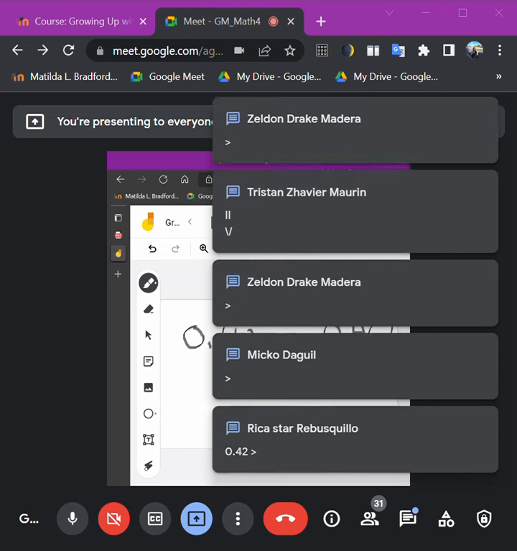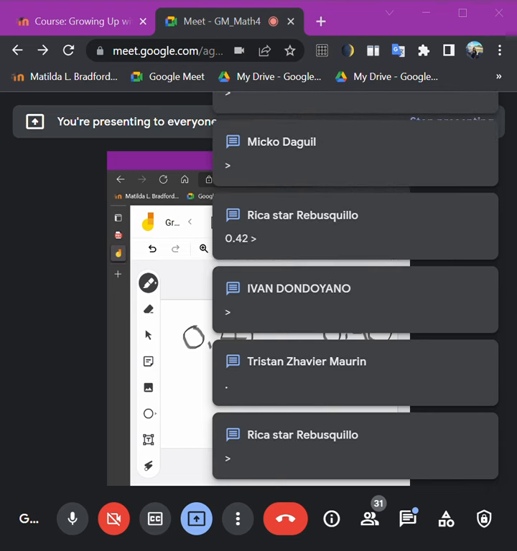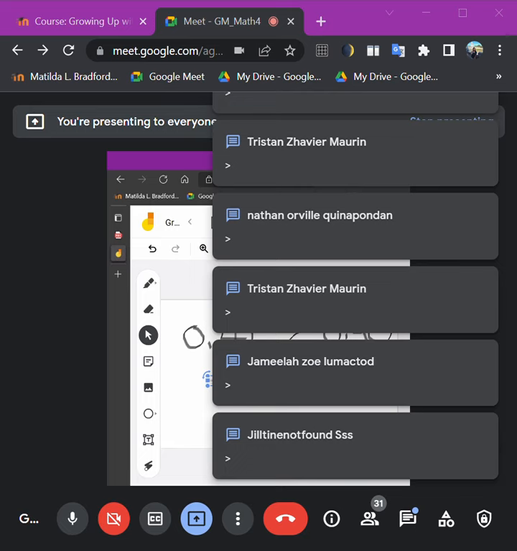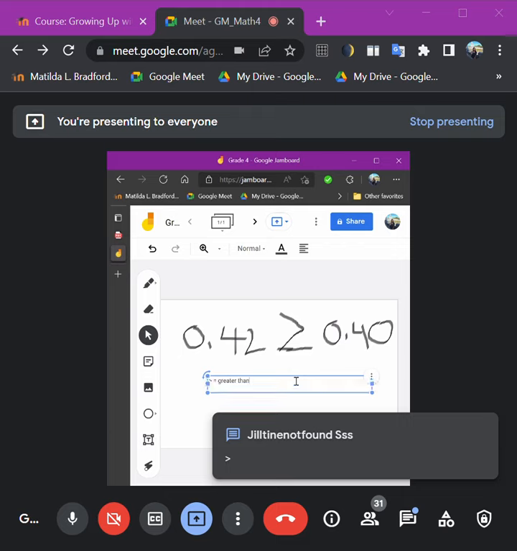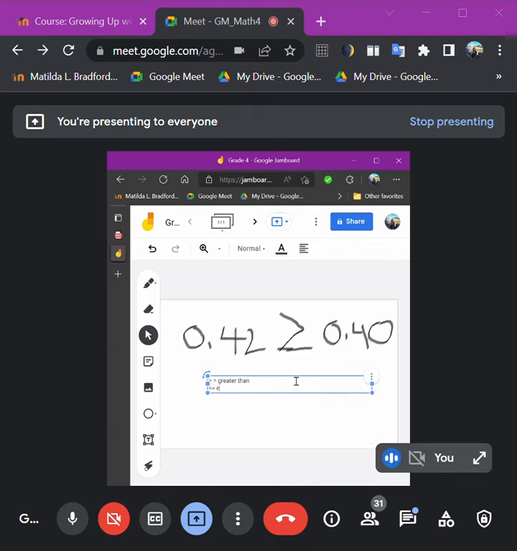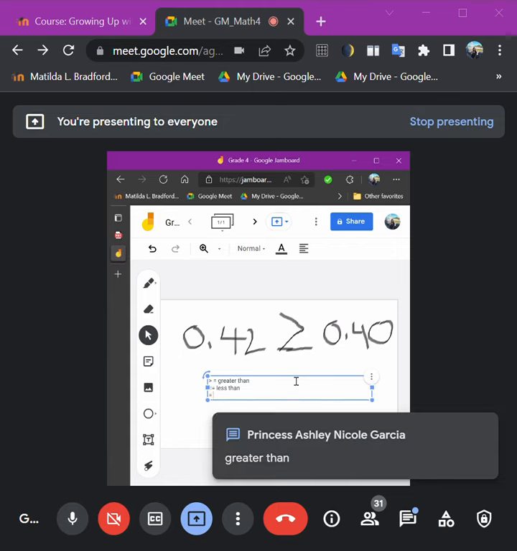What do you call that symbol, class? That is greater than. You can use this one as your reference. That is greater than. This one is less than. And then the last one is equal to, or equals.